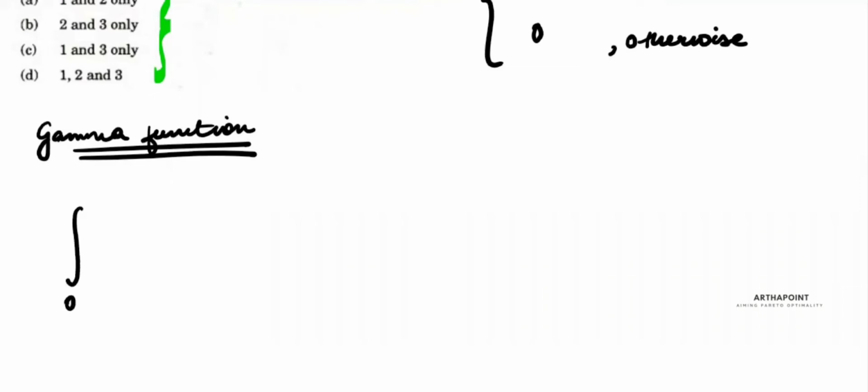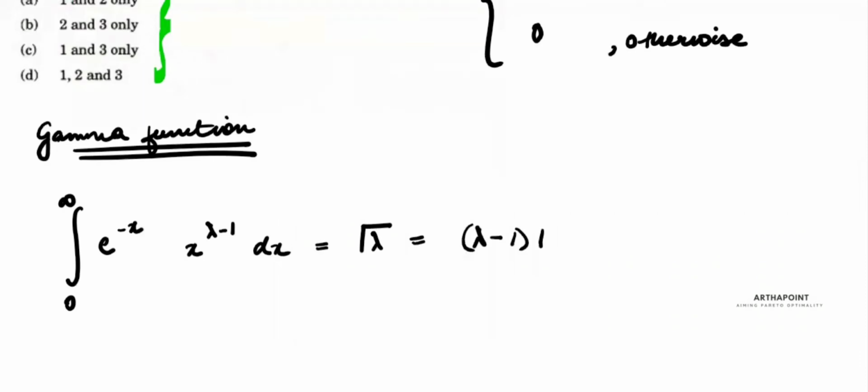When I integrate from 0 to infinity e to the power minus x, x to the power lambda minus 1 dx, this gives me gamma lambda, which is nothing but lambda minus 1 factorial.